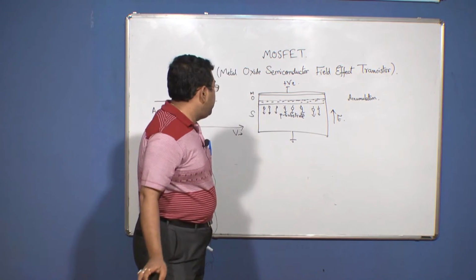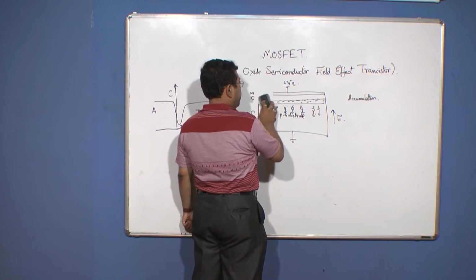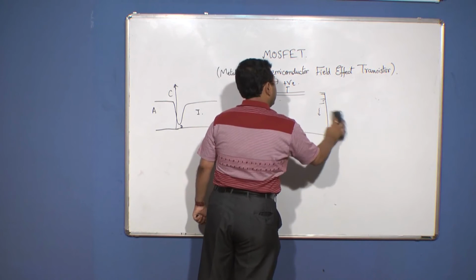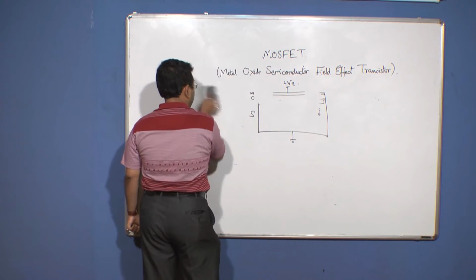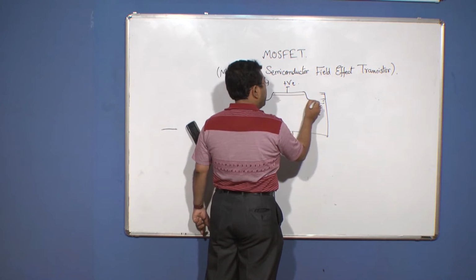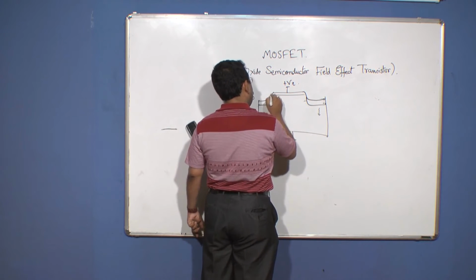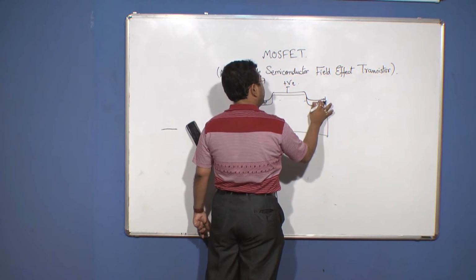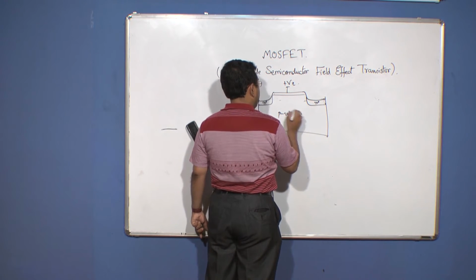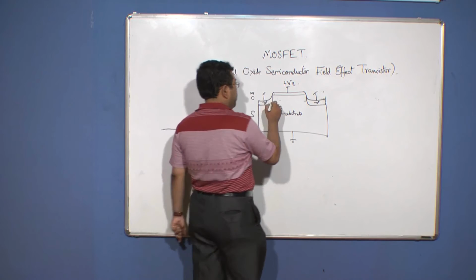Now, if we now move from the MOS capacitor to the MOS transistor, you are basically having two densely doped n diffusion regions in the p type substrate, and you take 2 electrodes over here.